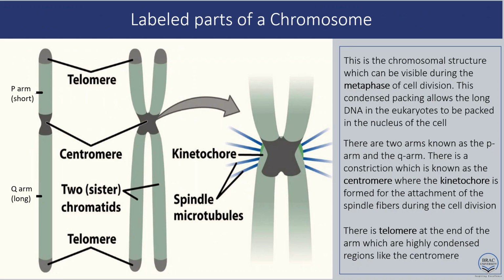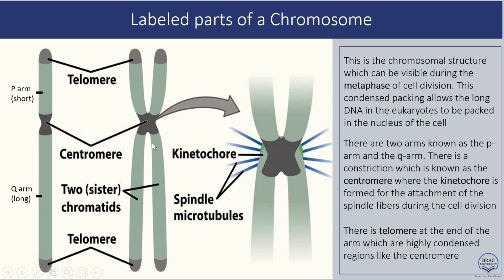Here is the figure of a labeled chromosome. Just note that on the left side this is one chromatid, or one chromosome. When the chromatids are single, that means it is one chromosome, but when the sister chromatids are attached and form this structure, these two chromatids together are known as one chromosome.